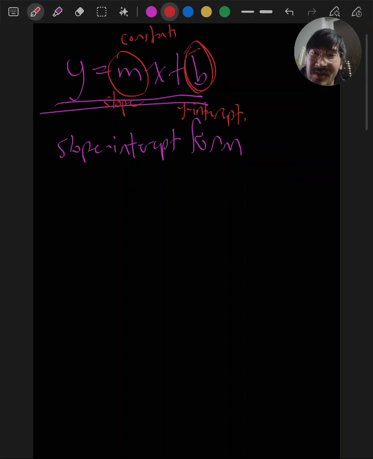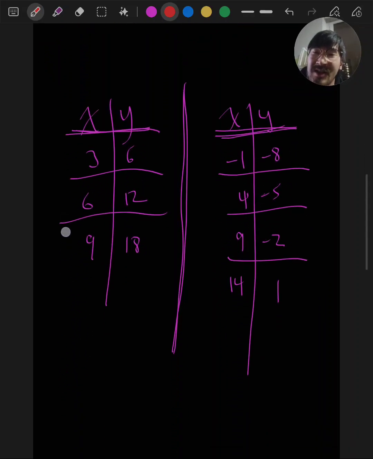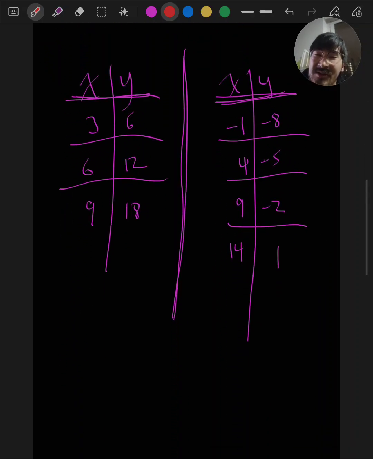For this topic, with these tables, you have to determine whether the function that the table represents is linear.